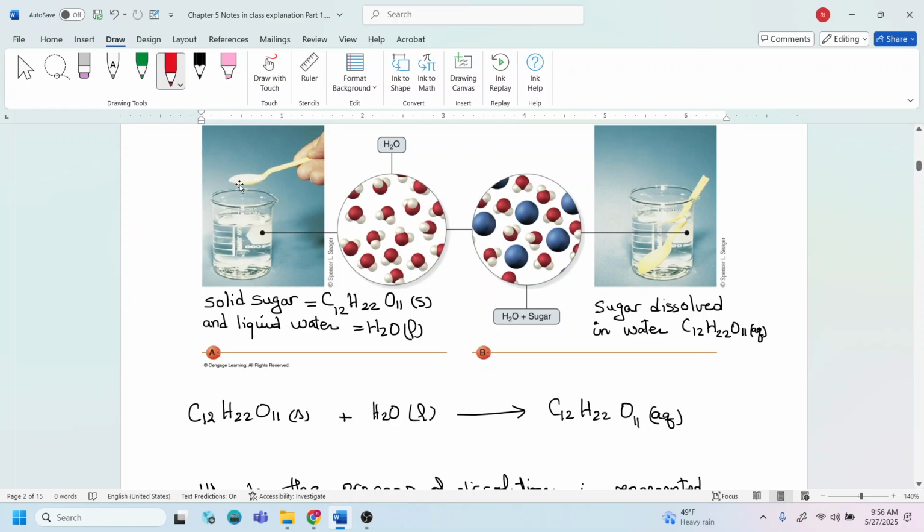If you have a solid sugar and if you have water, sugar is a solid and it has this molecular formula. Remember, when you write a molecular formula, you have to show the number of atoms that the molecule has. And here I have 12 carbons, 22 hydrogens, and 11 oxygens.